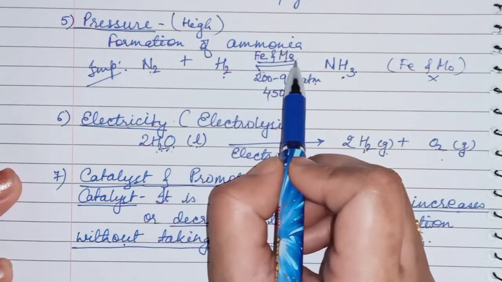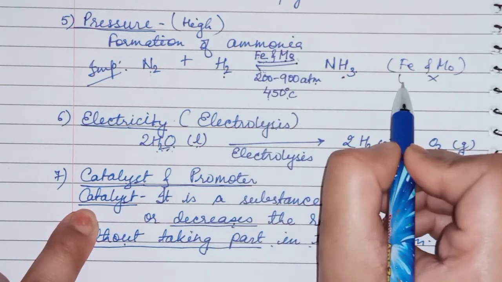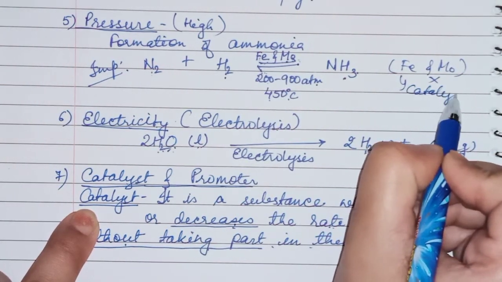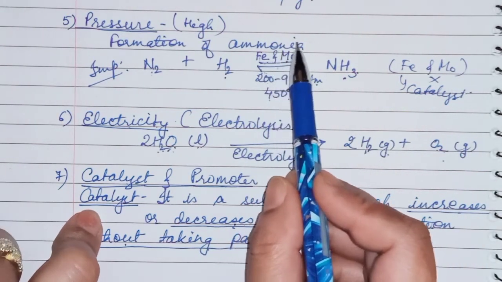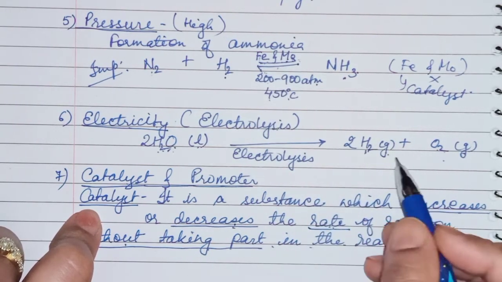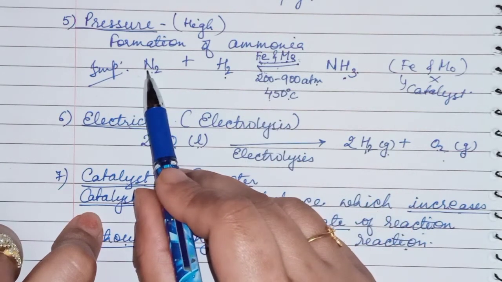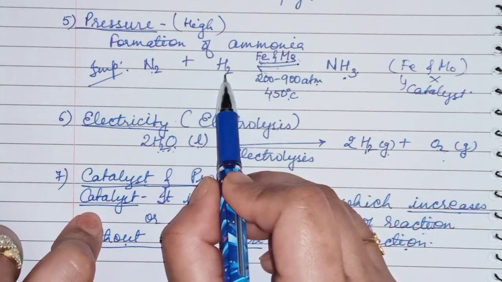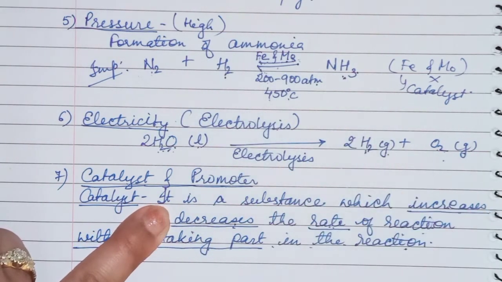They are not taking part in the reaction. Iron is the catalyst, a substance which will increase or decrease the speed of reaction. Rate of reaction means speed of reaction. So when iron is added here with nitrogen and hydrogen, the speed of reaction will increase and ammonia will form very quickly. That's why iron is added over here.